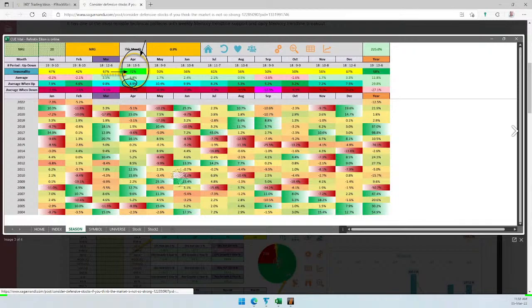Average when up for both April and March are about 9%, 9% plus. So that was also something I looked at. I don't trade based on seasonality only, but Q season program allows me to look at the seasonality. So I do look at it using another extra click.